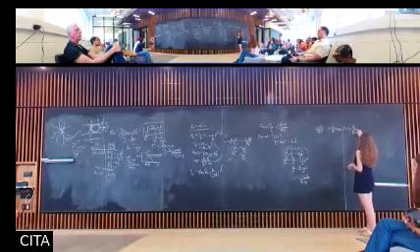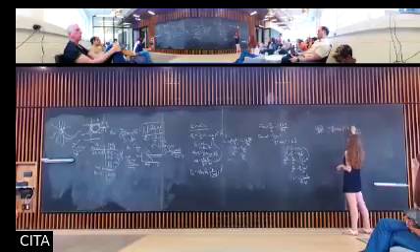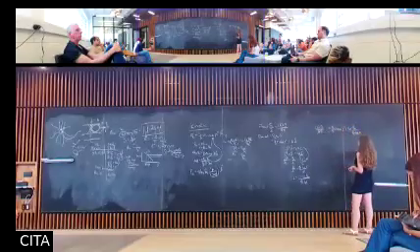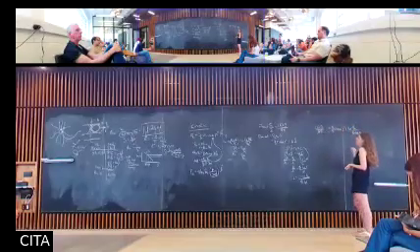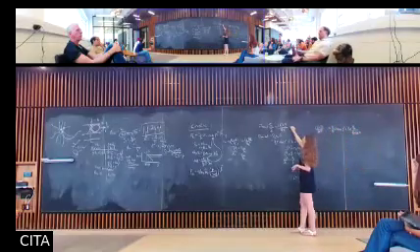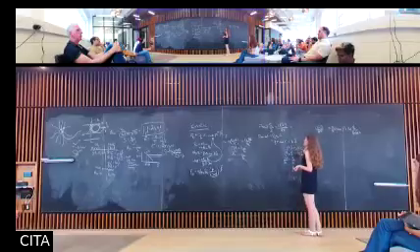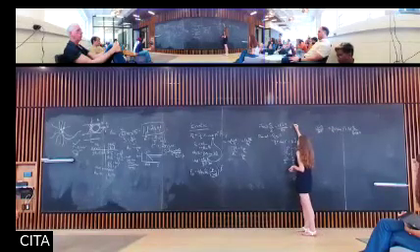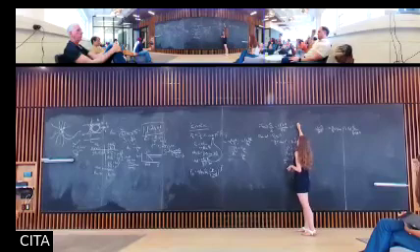I can cancel some stuff. And then this E cross B, which is here, is again E correct and B not.